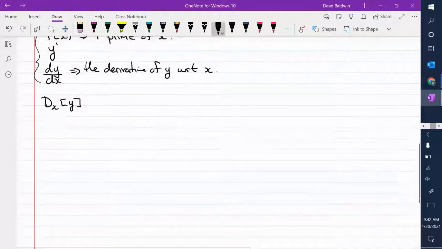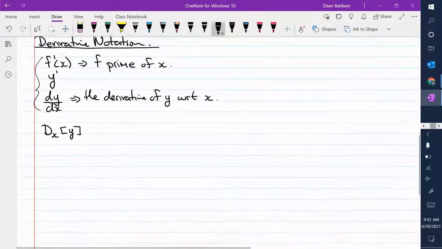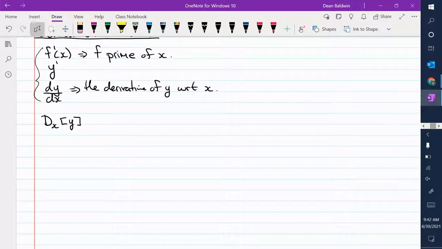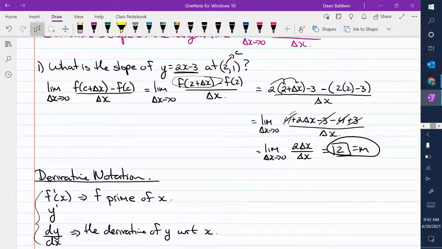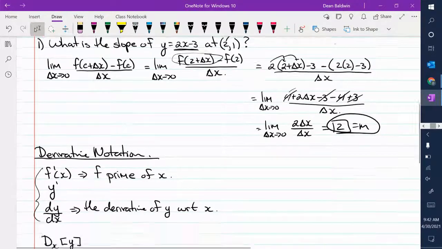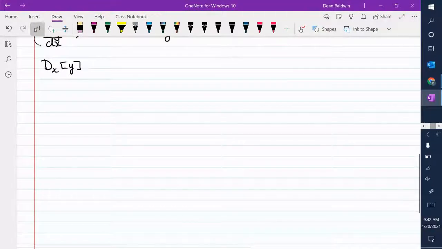Let's talk about derivatives that don't exist. Because the derivative is a limit, and there are limits that don't exist, that means there are derivatives that don't exist.